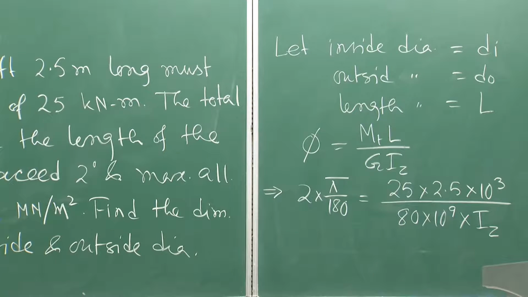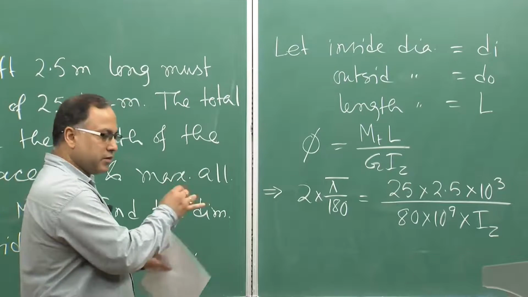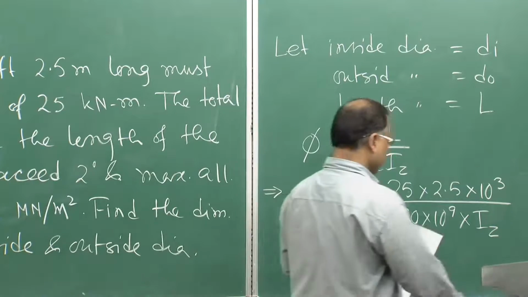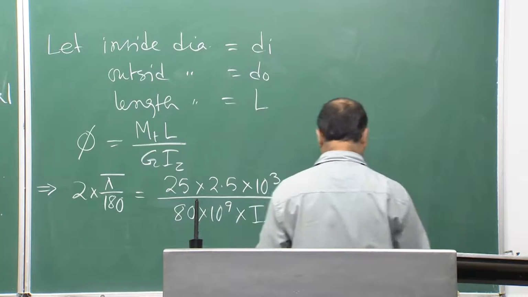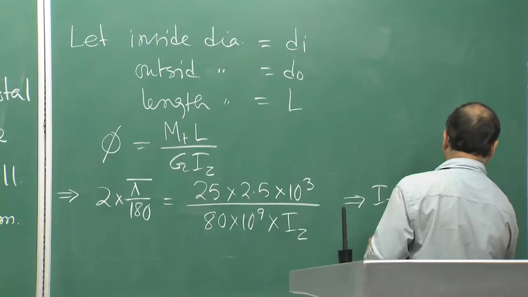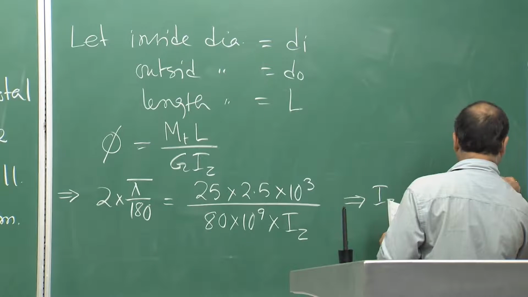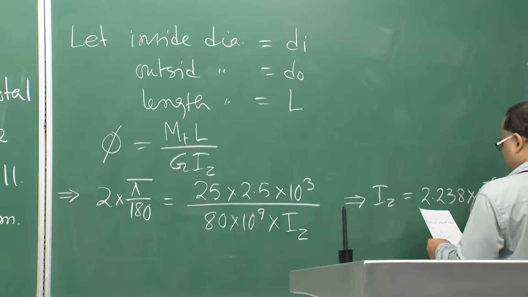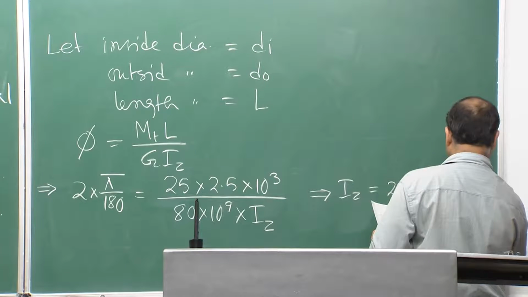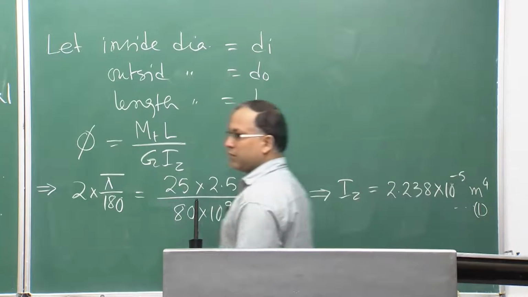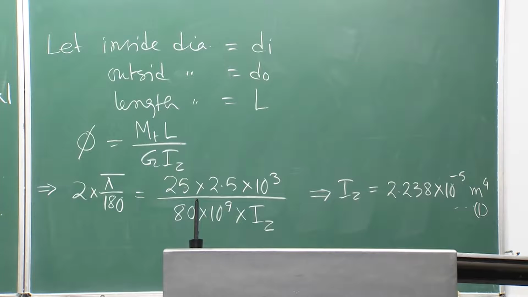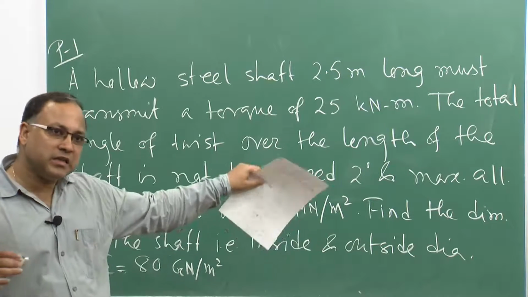But from these numerical values you can find out IZZ, coming as IZ equal to 2.238 into 10 to the power minus 5 meter to the power 4, say equation 1. So you need a shaft which will give you this much of IZ.